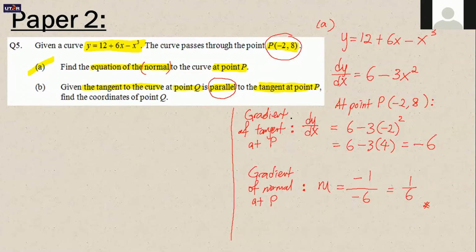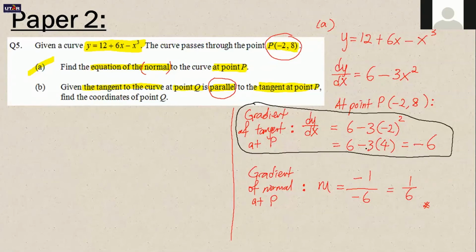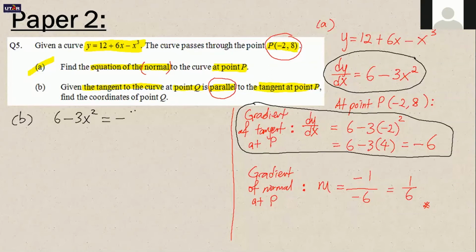The gradient at point P is here. So the gradient at point Q must be the same as negative 6. So what is the gradient? Tangent. So the gradient of the tangent is this. So that's why for part B, we know that 6 minus 3x squared will equal to negative 6.